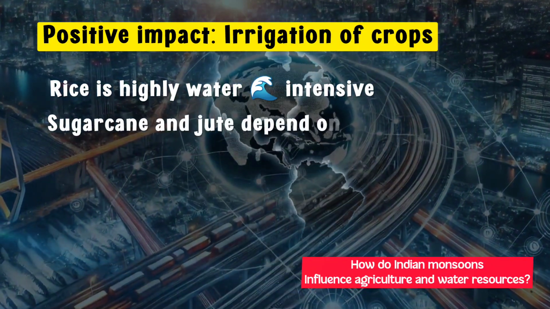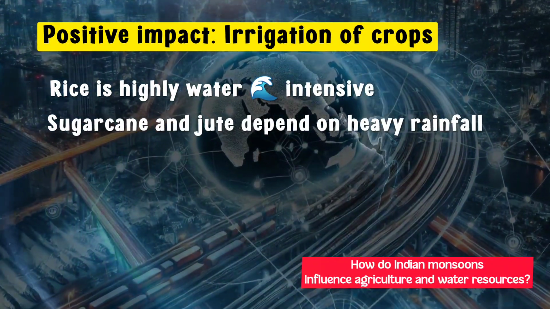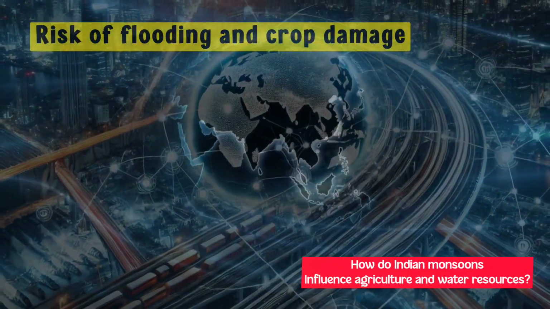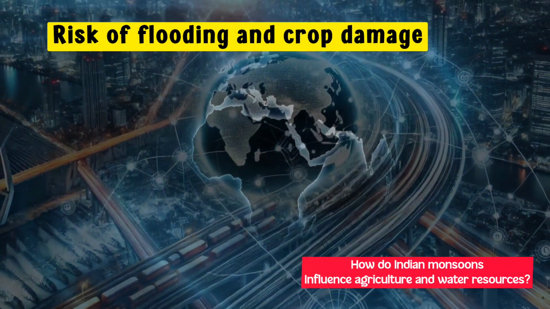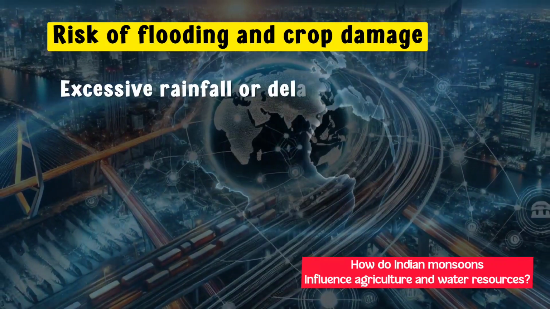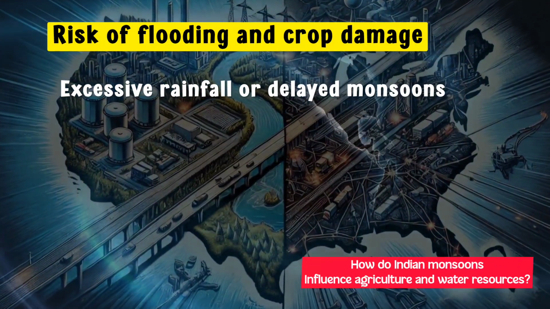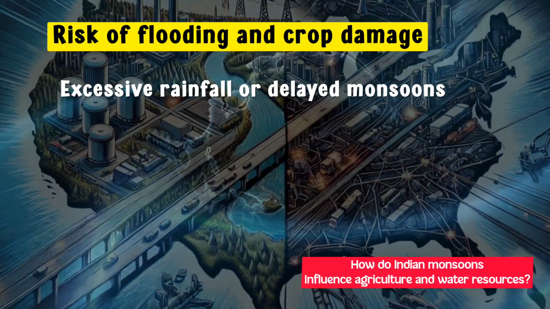Similarly, other crops such as sugarcane and jute also depend on the heavy rainfall of the monsoon season to meet their water requirements. While the monsoon is beneficial for agriculture, it can also bring risks. Excessive rainfall or delayed monsoons can lead to flooding, which can destroy crops, erode soil, and damage infrastructure.